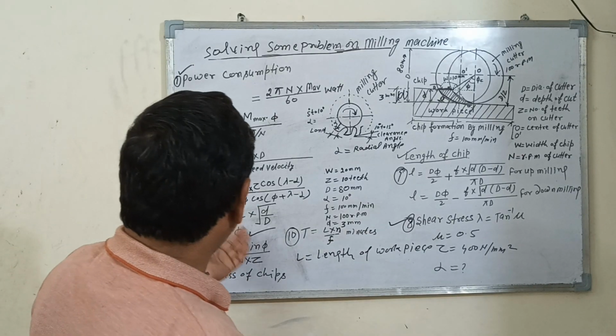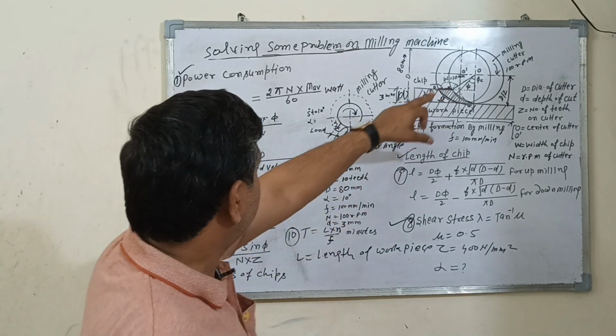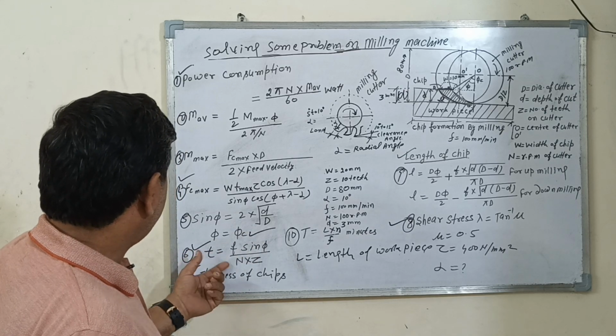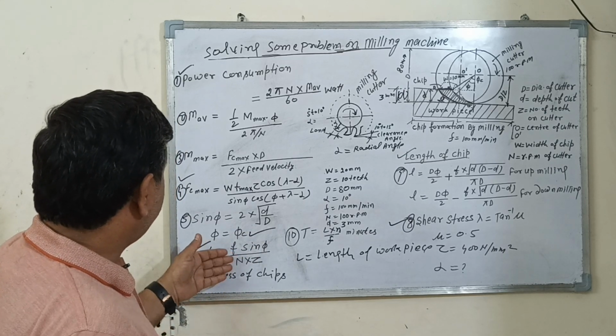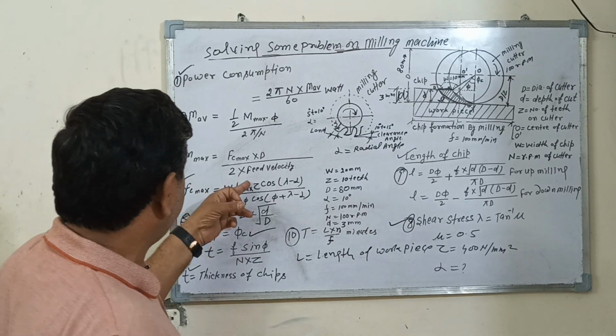So put the value of W here, the thickness 20 is here, T maximum is obtained from this formula, then put the value of tau here.